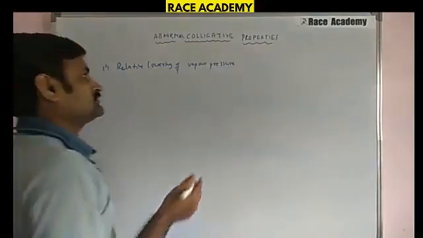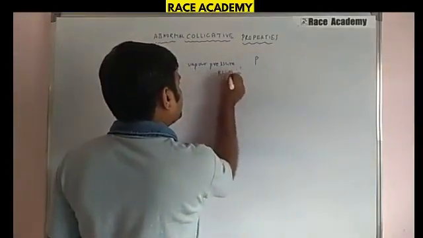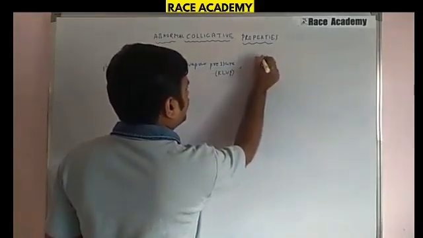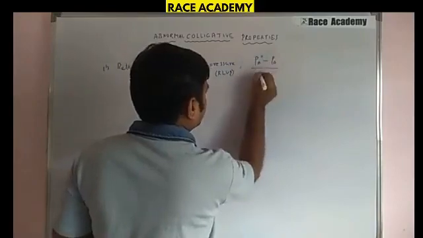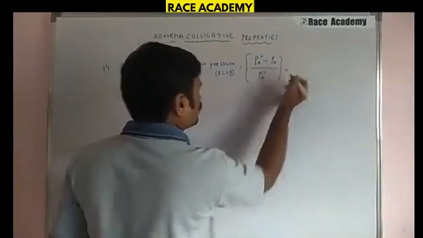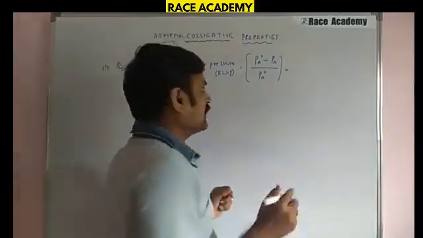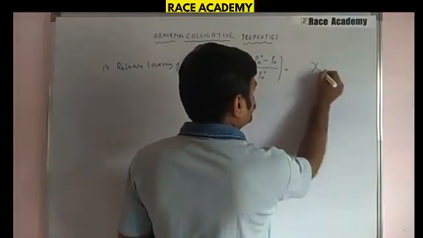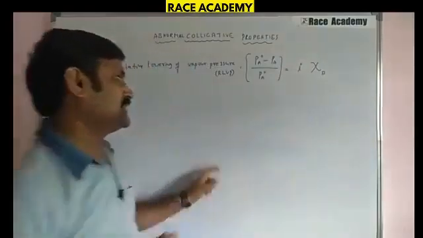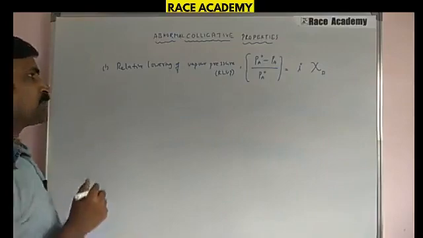Usually we put the shortcut RLVP, and we write P naught A minus PA by P naught A as the expression, and that will become equal to the mole fraction of the solute, chi B, and before this we put the Van 't Hoff factor. This is the modified form of the relative lowering of vapor pressure, colligative property 1.